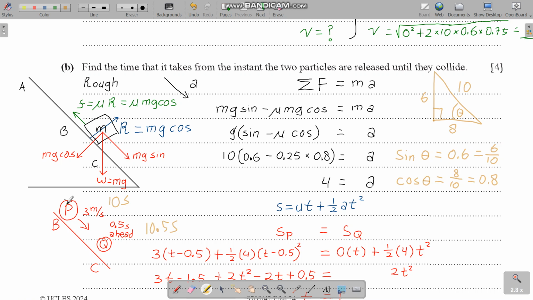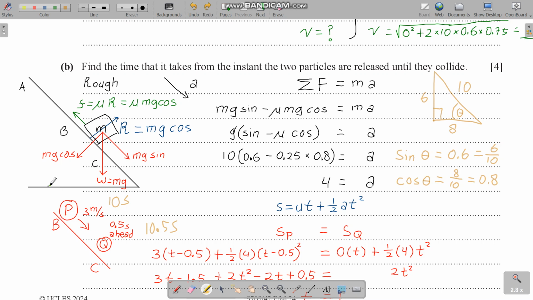This is the key to find the answer here. We use t as the time for Q since it was released. So the time for P to travel during the rough patch is only t minus 0.5.